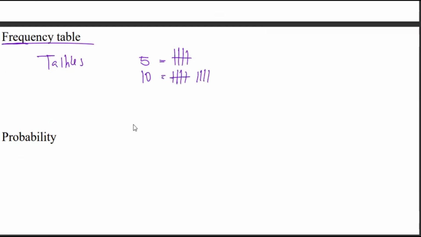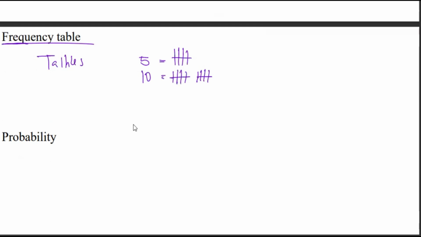Frequency table, you know it very well. Here we look at tallies. Please, tallies. Each group is 5. If there are 10, that is 2 groups of 5. Don't count 10 and put one line. No. Each 5.